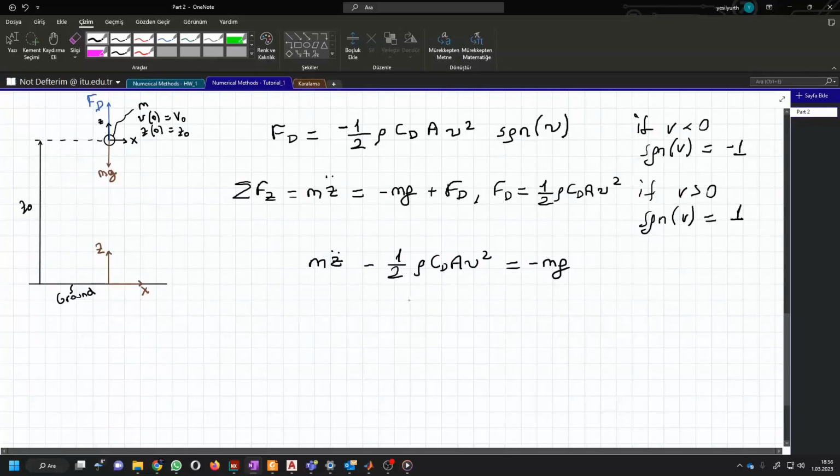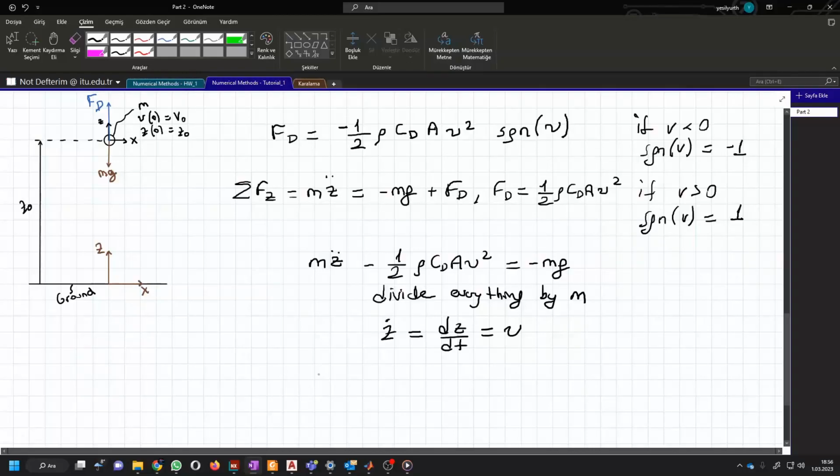So I will divide everything by m, and instead of z dot, I will write dz over dt, or basically v, velocity, into the equation.